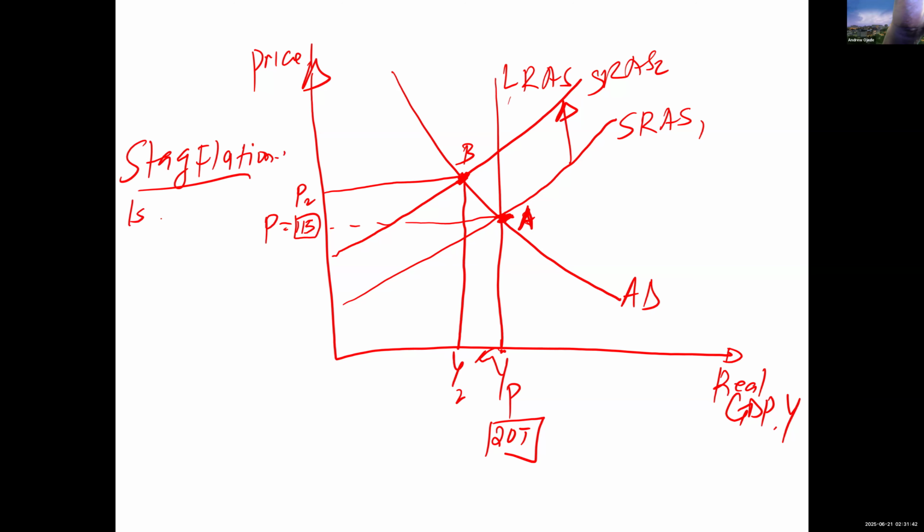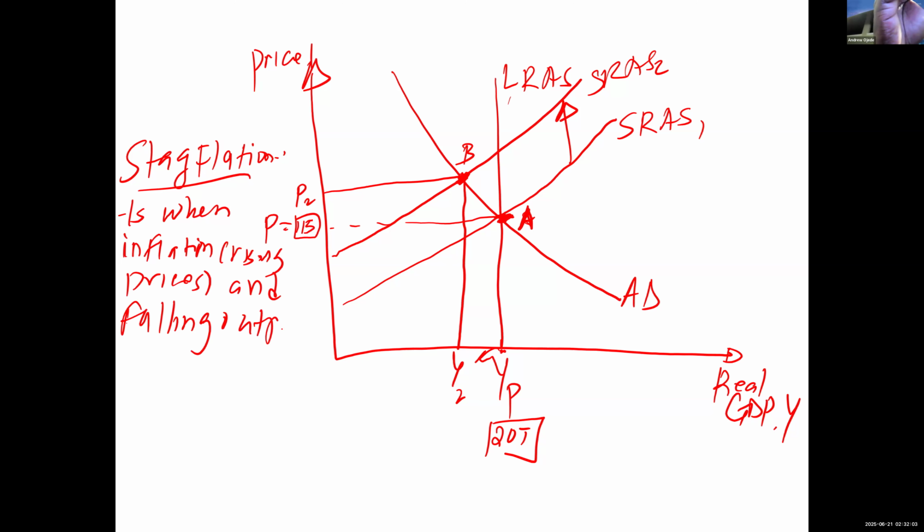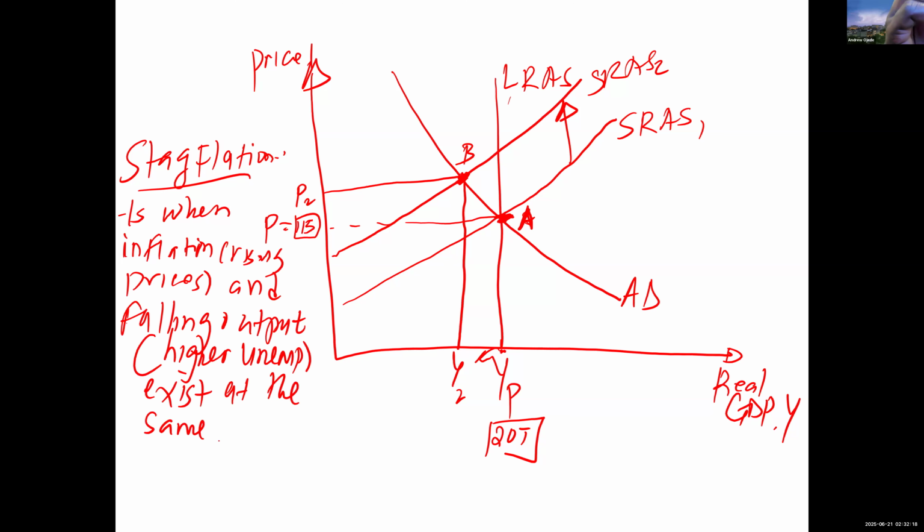Stagflation is when inflation, which you can call rising prices, and falling output, which implies high unemployment, exist at the same time due to a negative supply shock.